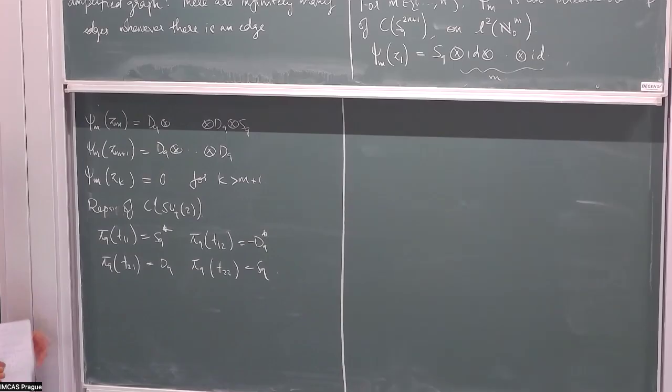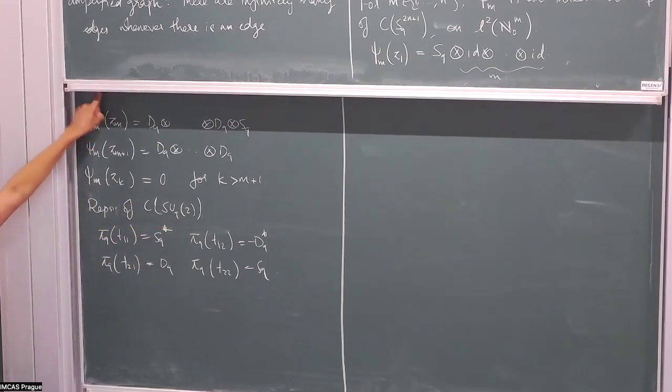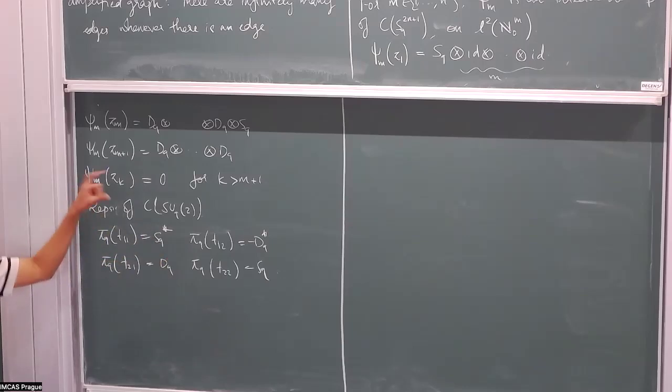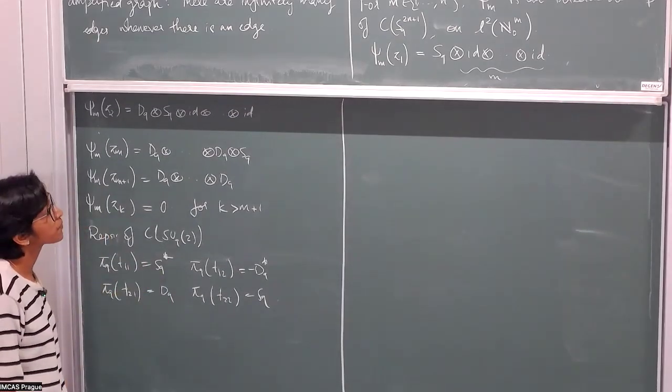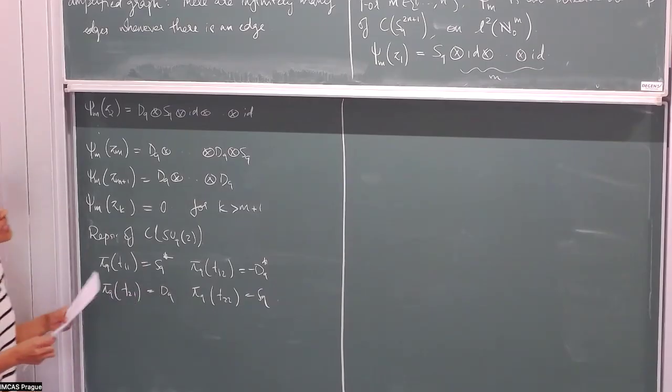So this is the representation of SU2, and from this, with SUN, you have a surjective star homomorphism into this guy. Composing with that surjection, you get all the representations of SUN. And the sphere being a subalgebra of this, you can restrict these representations to get the representations of the sphere. So that is where all these things come from. Basically, everything comes from here. Just to give you an idea where these things come from.